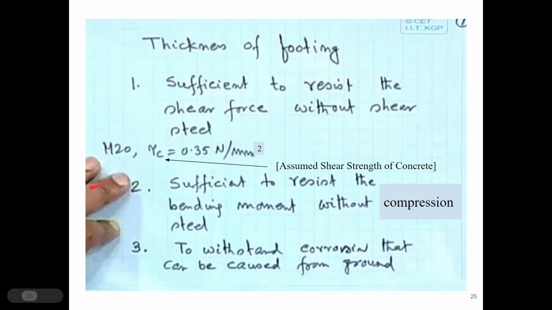That can be checked in the IS code itself, I think it was Table 19. Secondly, the thickness should be sufficient to resist the bending moment without compression steel. And thirdly, it should be able to withstand corrosion that can be caused from the ground. So the thickness of the footing should be considered based on these three criteria.